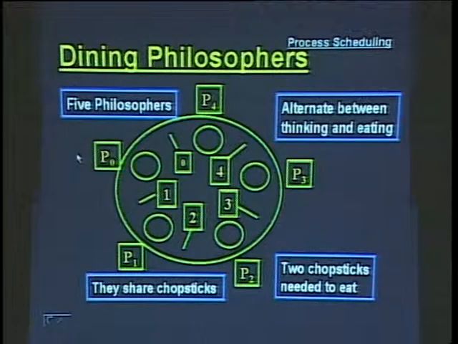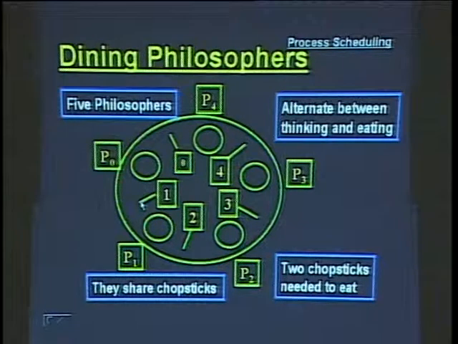We see here in the diagram we have philosophers, each essentially equivalent to a process here: P0, P1, P2, P3 and P4. Each one of the philosophers has a plate of food, 0, 1, 2, 3, 4. And they have a chopstick on each side.